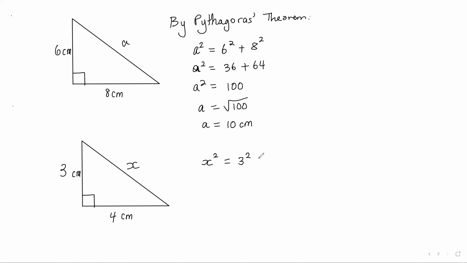So x squared is equal to 3 squared plus 4 squared, which means that x squared is equal to 3 squared is 3 times 3, which is 9. 4 squared is 4 times 4, which is, oops, I put 25 by accident, 16. And therefore, x squared is equal to 9 plus 16, which is 25. And so x is equal to the square root of 25, which means x is equal to 5 centimeters. Okay?